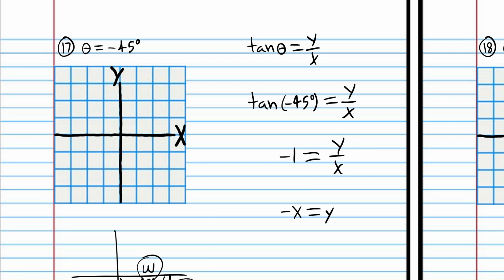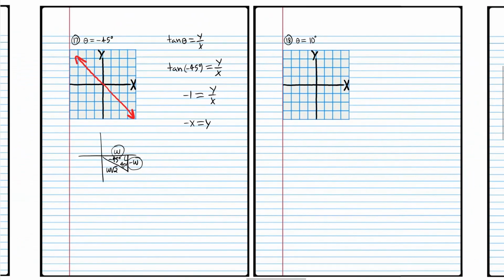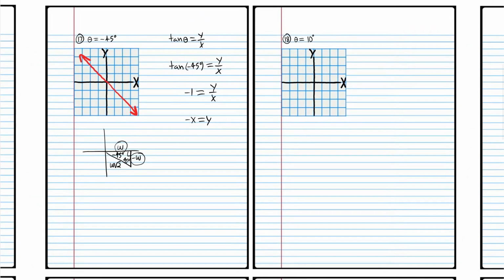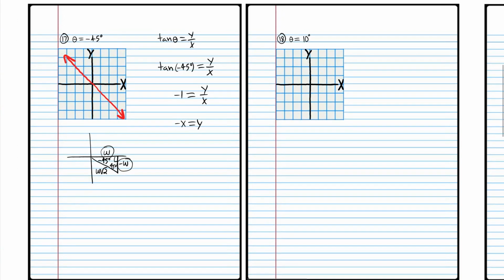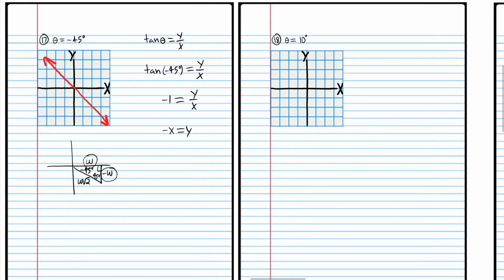That's just going to look like this. Okay. So if you got that right, good job. Now for number 18, you're going to need the calculator, because we cannot compute tangent 10 degrees very easily. So use the calculator for tangent 10 degrees. When you come back, we'll do it together.